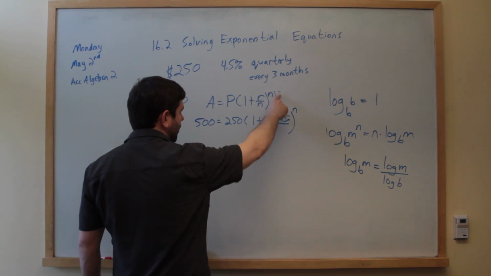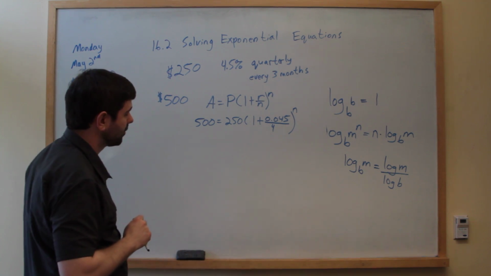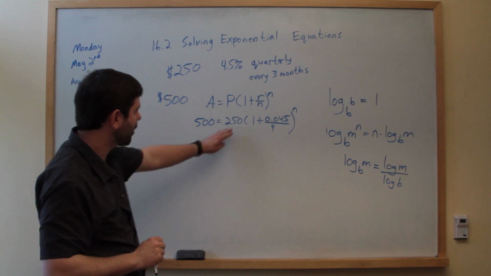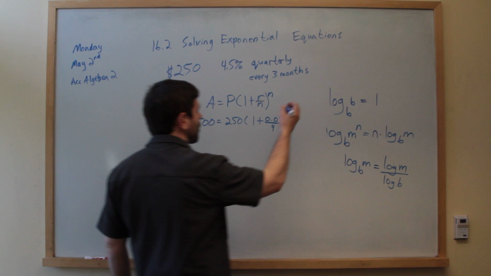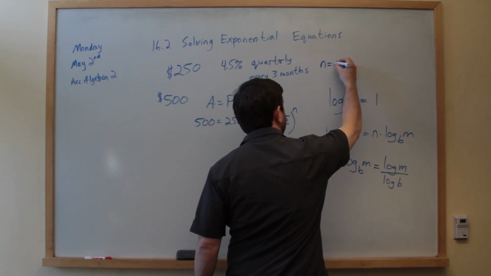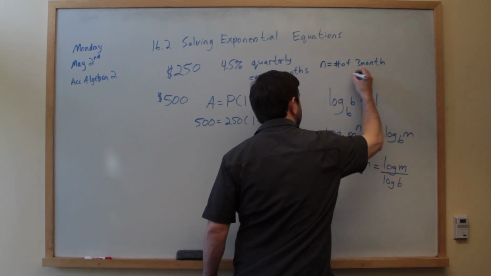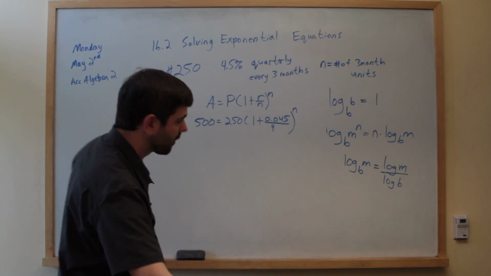So we're solving for how many quarters this is going to take. How many 3-month units is this going to take for our initial amount to equal this? So n equals the number of 3-month units. That's n.